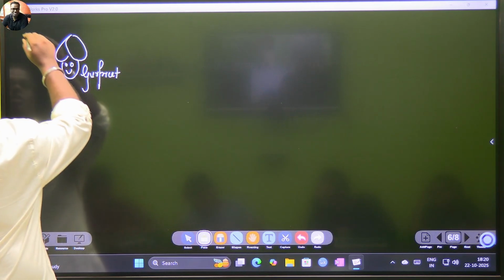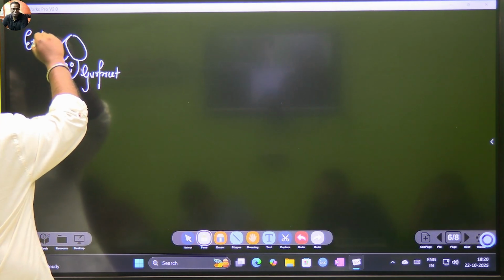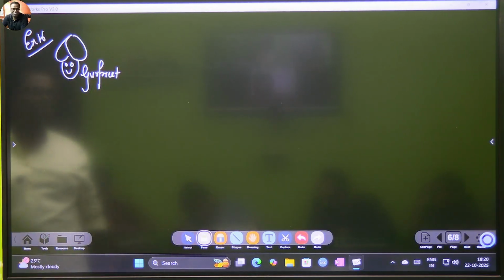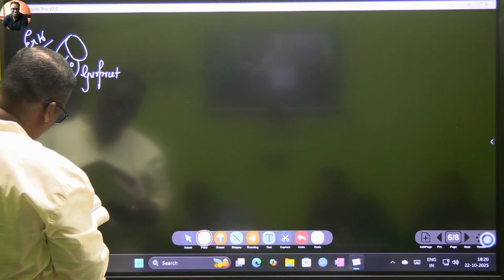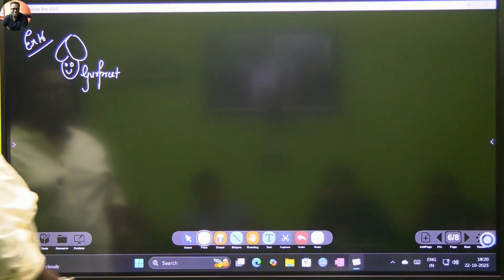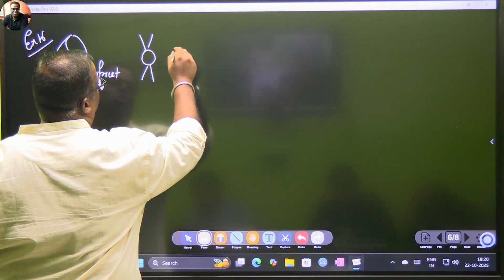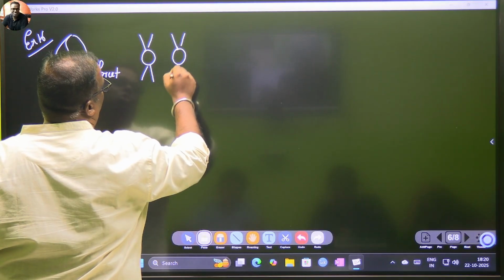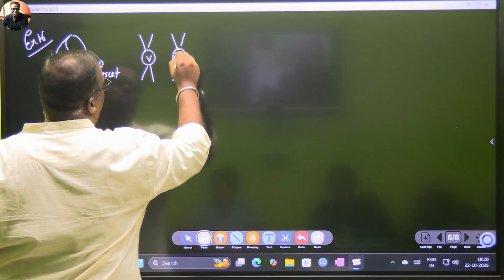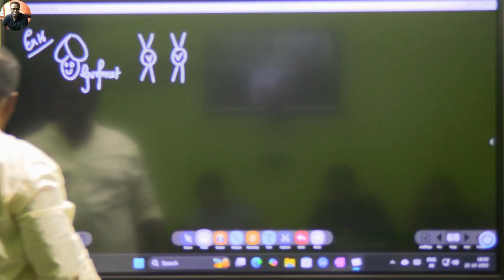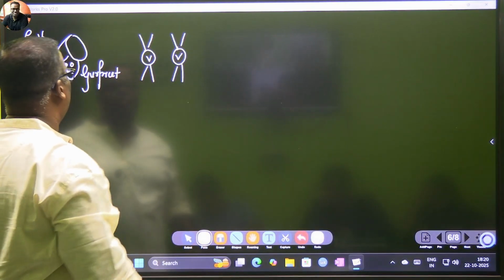This is example 16. But my only thing will be, don't just copy what is written in the book. Try and understand. Gurpreet sells 2 watches. So how many watches did he sell? He sold 2 watches. Gurpreet sold 2 watches, and these 2 watches he sold for 2970 each.